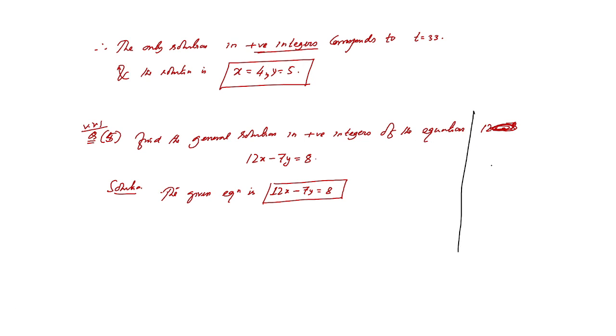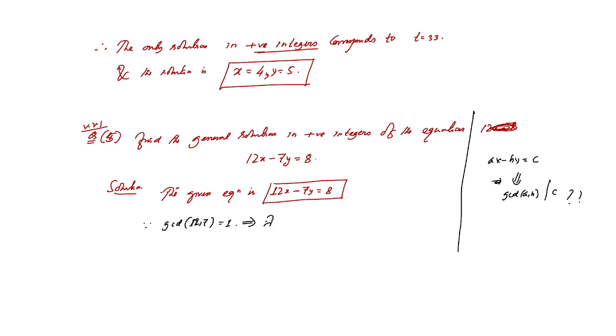If you are given an equation of the form ax minus by equals c, first you find the GCD of a and b, and check whether it divides c or not. Since the GCD of 12 and 7 is basically 1, and that divides 8, it has a solution.